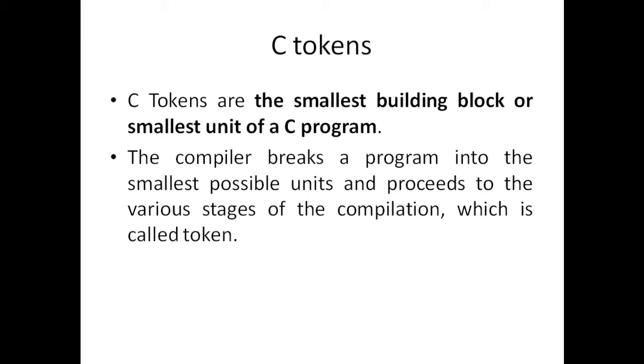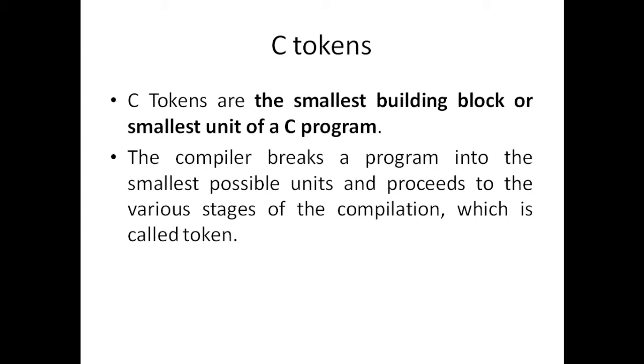The next one is C tokens. C tokens are the smallest building block, or smallest unit, of a C program. It can be a variable, a constant, an operator, anything in a program.